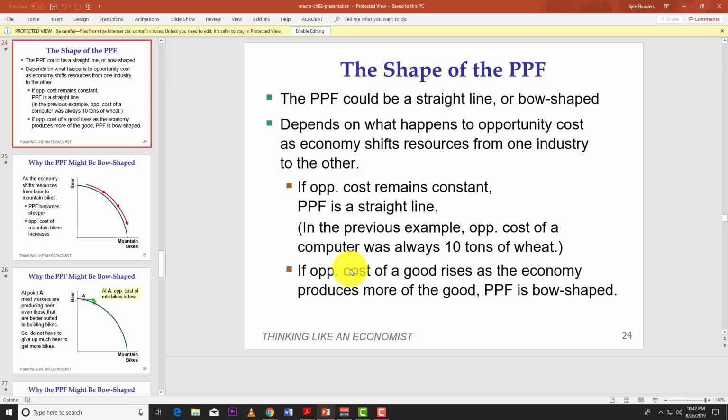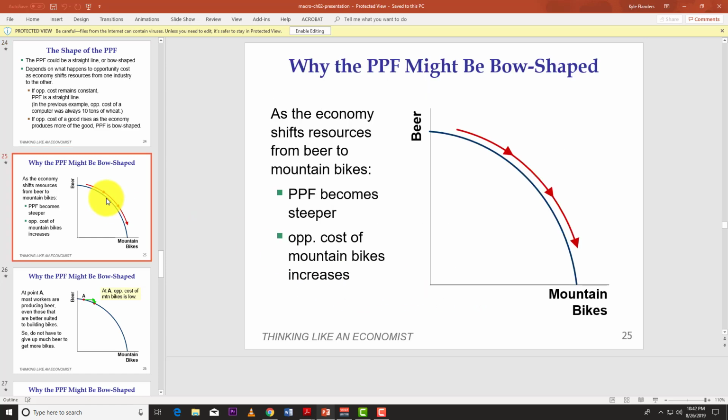If the opportunity cost of a good rises as the economy produces more of the good, the PPF is bow-shaped. What are we talking about here? If you have to keep giving up more and more of one to get the other, then the curve is going to be shaped like a bow.